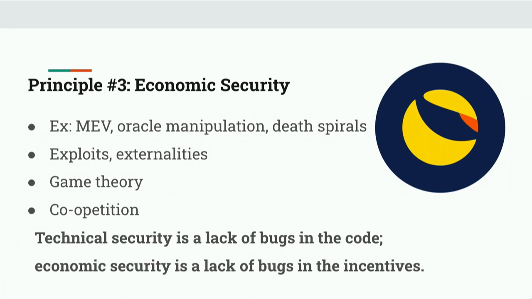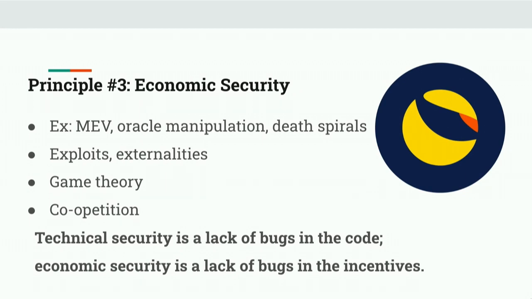Oracle manipulation, like we saw with the prices of assets on Aave and Mango Markets last year, is another example of an economic security exploit, where the code was followed to a T, but the economics and the game theory and the design were manipulated to hurt a group of users. And the third example is death spirals, as we saw with the price of Terra Luna last year. So that's an example of an exploit.